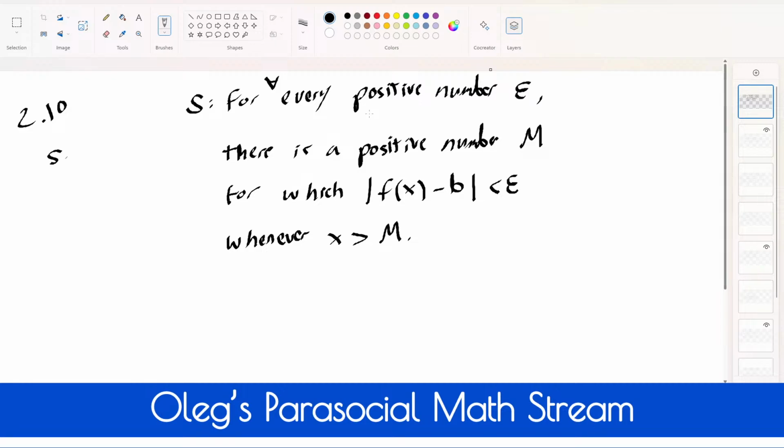We just want to rewrite the statement and negate it. There is a positive number m, it exists. So we're going to say for every positive number epsilon there exists a positive number m, and then comma, formula.